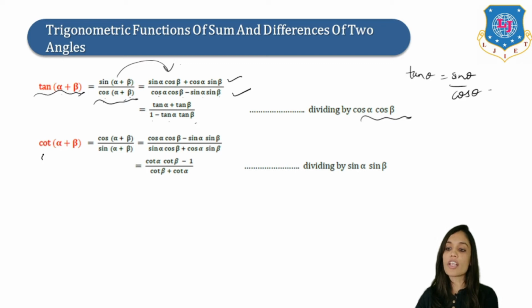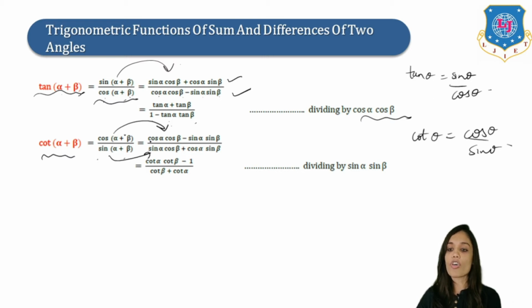Similarly, we will find the formula of cot(alpha plus beta). So cot theta is cos theta upon sin theta, right? So this can be written as cos(alpha plus beta) upon sin(alpha plus beta). Now put the formulas of cos(alpha plus beta) and sin(alpha plus beta).